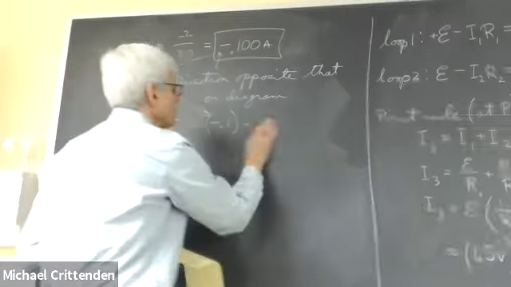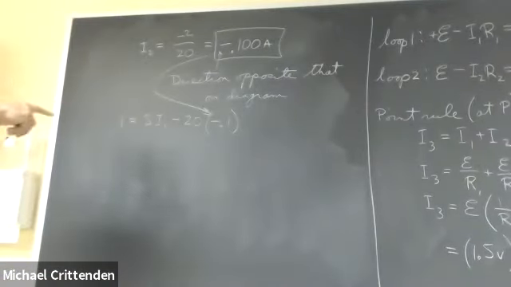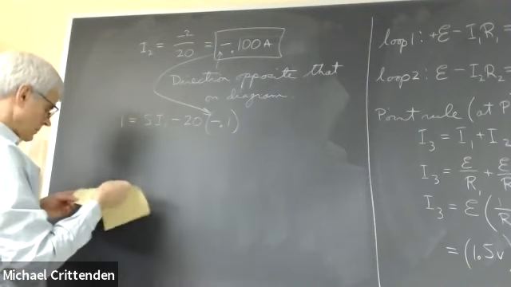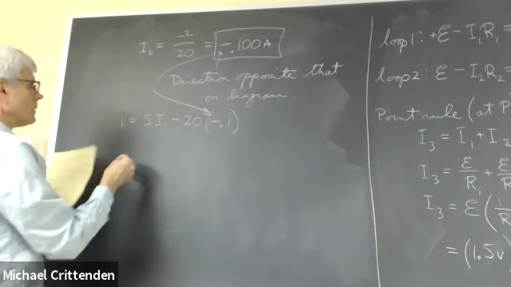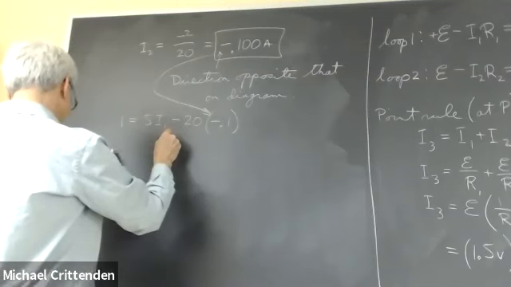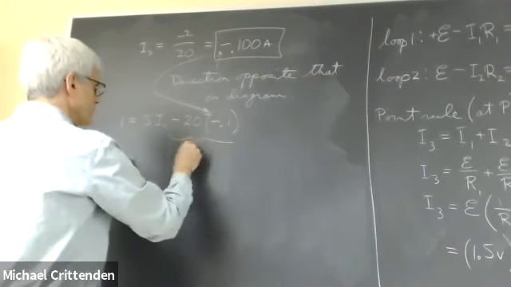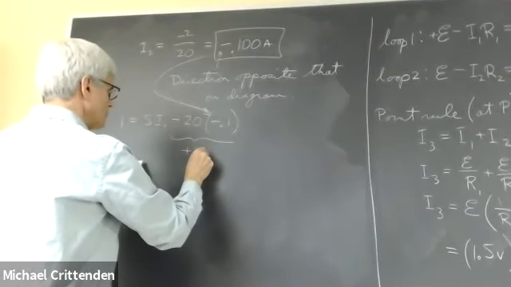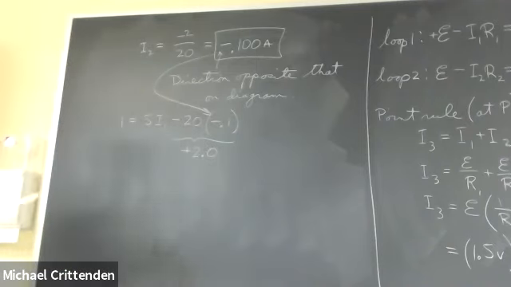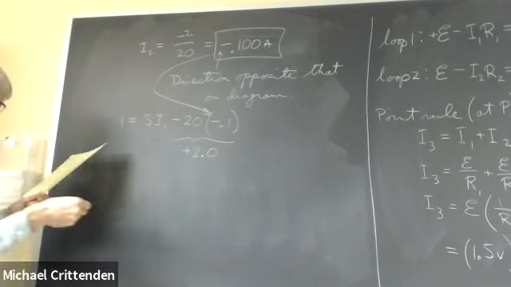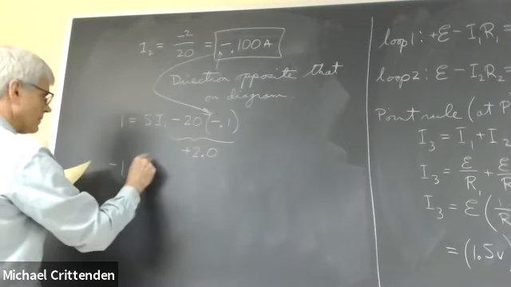Right, okay. That's what's in the circle. Except I filled in -0.1 for I2. Right. So we've got minus cancels minus. 20 times 0.1 is 2. Subtract that from both sides.